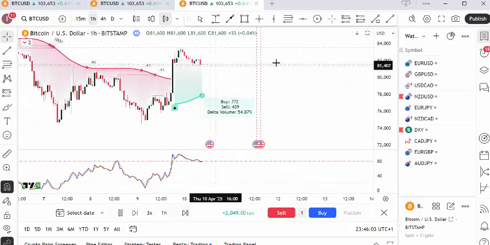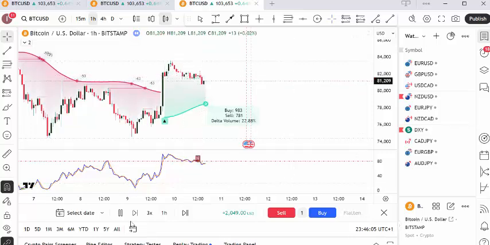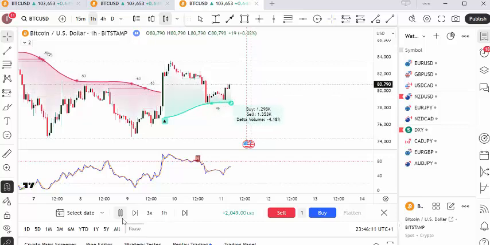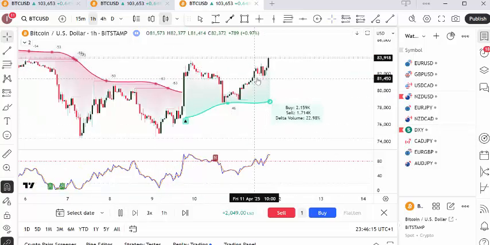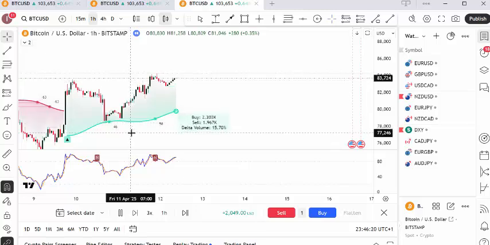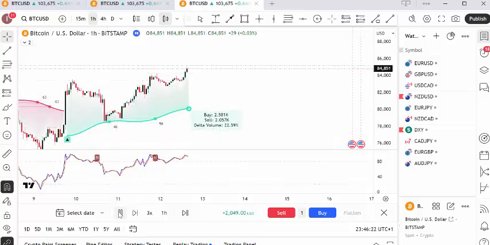Market is now bullish. No bullish divergence. We have nothing. Market was bullish, but yet we had nothing there.